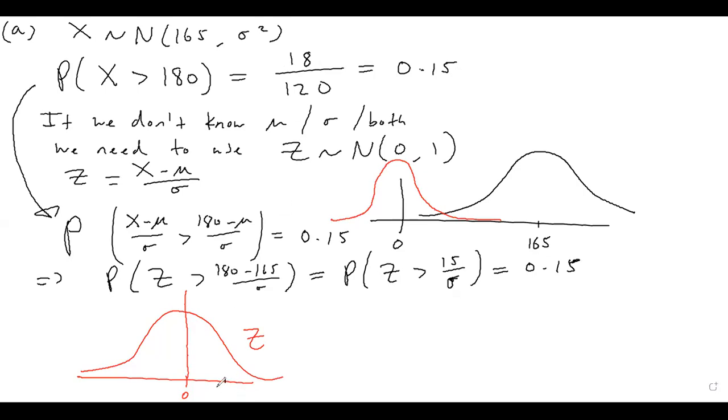That's 15/σ on the x-axis there. So the probability you pick a number bigger than 15/σ is 15%. The area under the curve here, remember, probabilities are actually just integrals. That's the way we think about probability in maths. So the area under this curve is 0.15, so 15%.